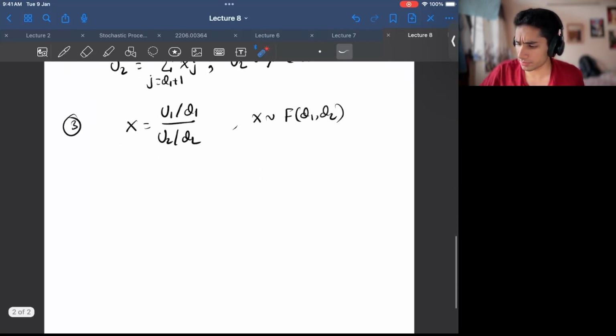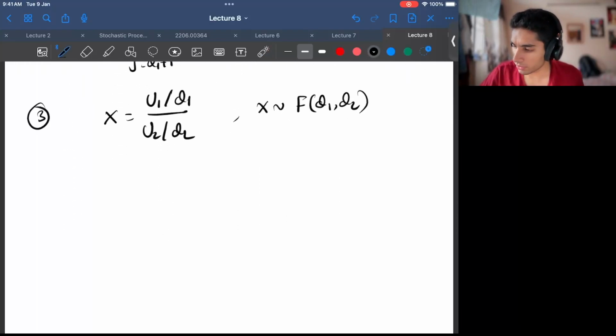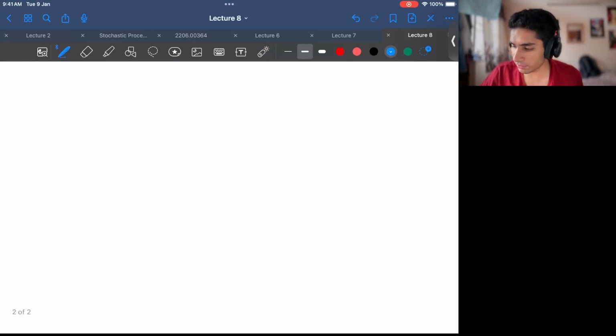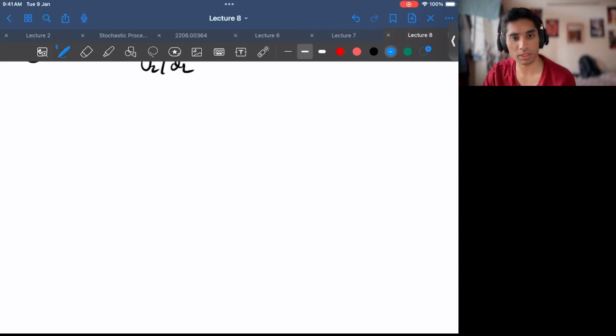Okay. So moving on, I will write a few properties of the F distribution, just to put it out there so that we can solve the problems a bit more easily. We will just use these properties to solve the problems on F distribution. Then descriptive statistics is more or less very easy.